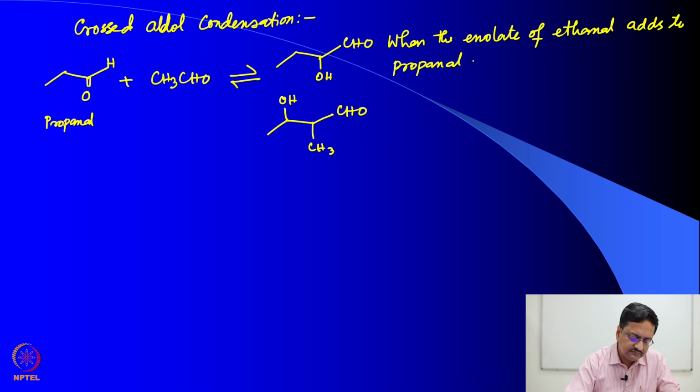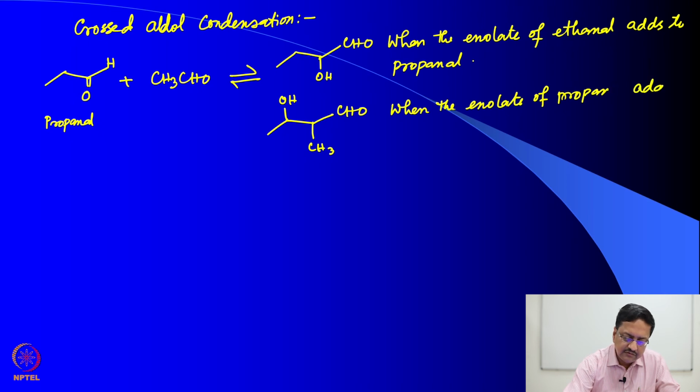This is hydrogen, and this second product appears when the enolate of propanal adds to acetaldehyde, right. So, this reaction can lead to two different products if you use two different aldehydes or ketones.